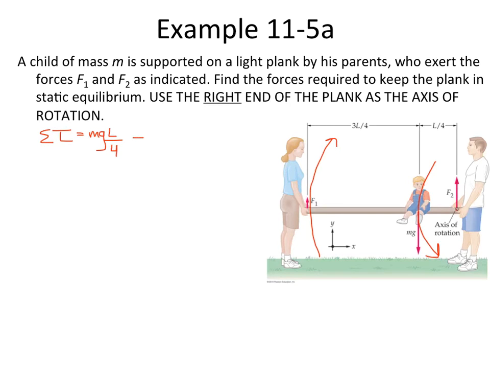But in the opposite direction, in the negative direction that we call clockwise, the woman is applying her F1 force, so force upwards, force 1, at what distance from the axis of rotation? Well, it's that full length L, right? If this is L divided by 4, or 1/4 L, and this is 3/4 L right here, the whole length has to be L, which is why it's called L. All right? So, force 1 times L.